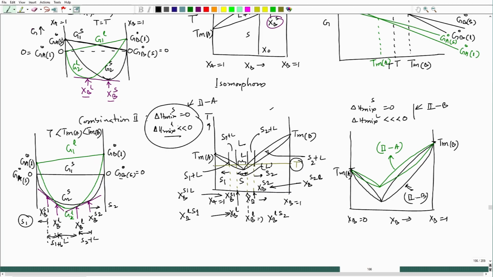And if I try to see at a particular temperature, let us say this temperature T, I could see that the liquid zone for case 2B is extended as compared to the liquid zone in case 2A. So, this is 2A and this is 2B. Okay. So, I could see that the liquid stability has gone up, that is the change you will observe.